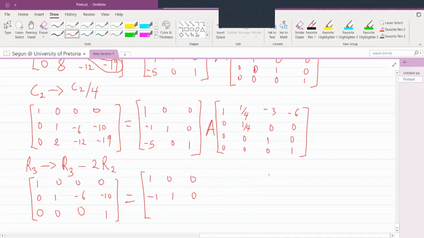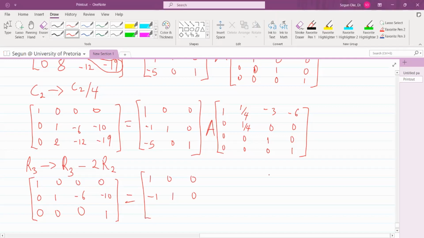Yes, Boyega. Sorry, when you are performing row 3 minus 2 row 2, you didn't perform it on the elements of 1 0 0, the beginning of the matrix. Remember, you have nothing to do with row 1. From the operation you mentioned now, do you see row 1 there?